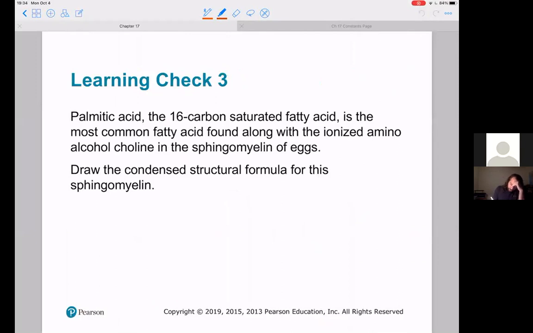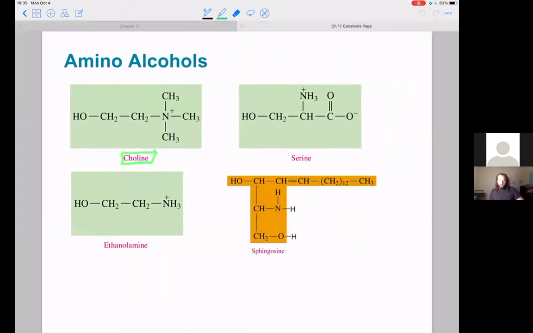Let's draw a condensed structural formula for a sphingomyelin that contains the 16 carbon saturated fatty acid palmitic acid and then the amino alcohol choline. So if we're going to draw one of our sphingomyelin structures, first of all, we go to our constants page. We know that any sphingomyelin is going to have the root of sphingosine.